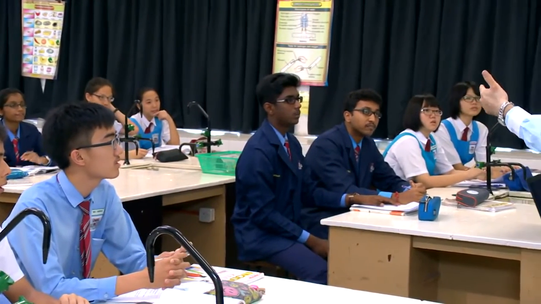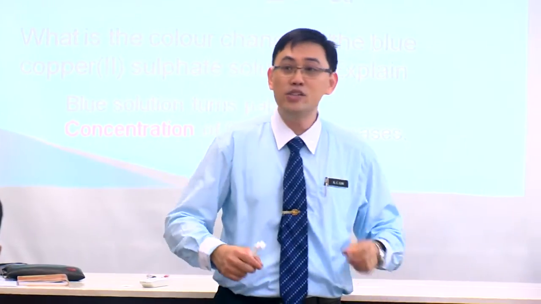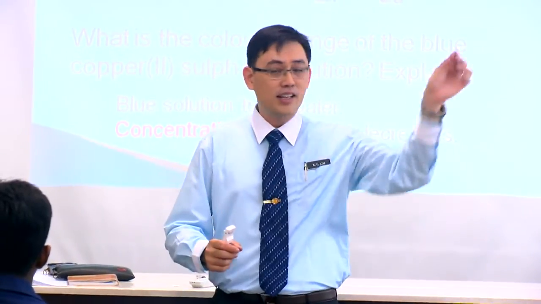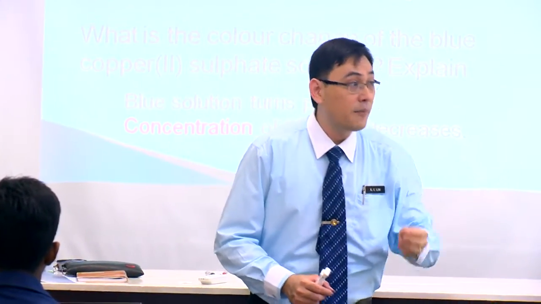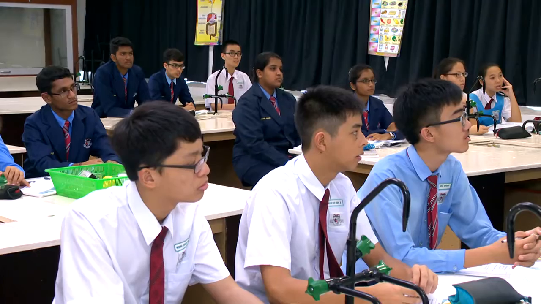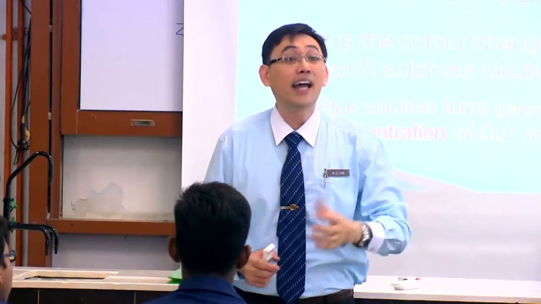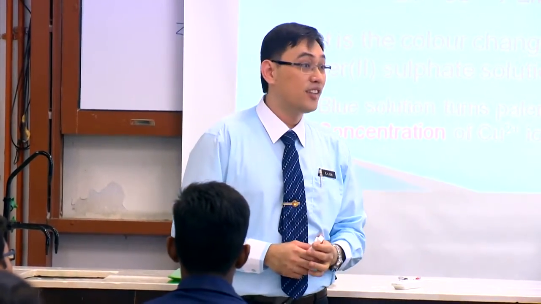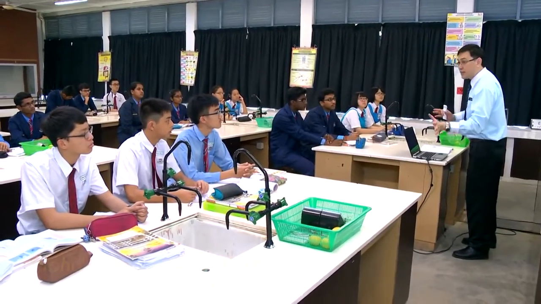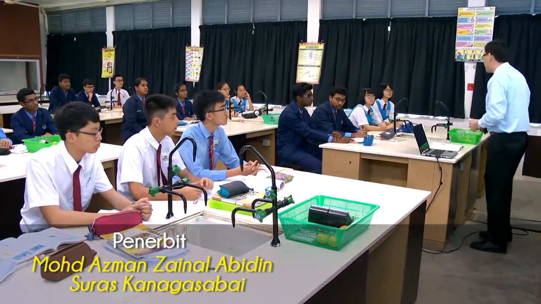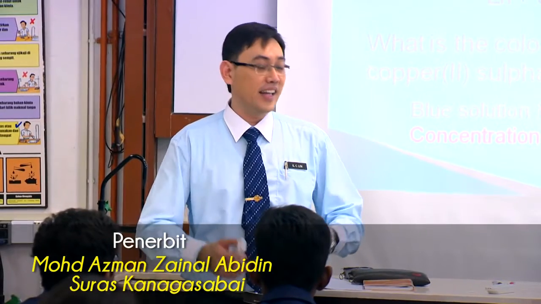What happens at the negative terminal? It loses electrons, correct. Then the electrons transfer, and the moment the electrons transfer, they form electricity. But the electrons will be gained by the cations in the solution. From there, we can see the half equations for the negative terminal and also the positive terminal. Okay, that's it.